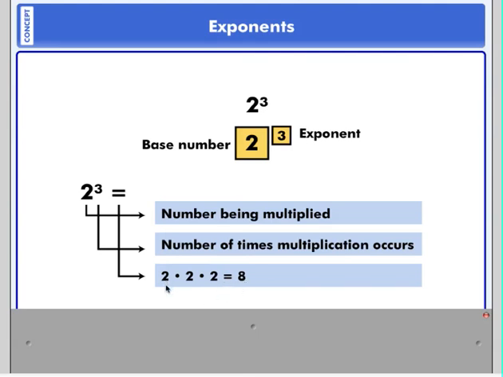We took our base number 2 and we multiplied it 3 times. A lot of fifth graders get confused and they think that this is 2 times 3, but that's not correct. 2 times 3 would be 6, and that's not the right answer. 2 to the third power means 2 times 2 times 2, which is 8.